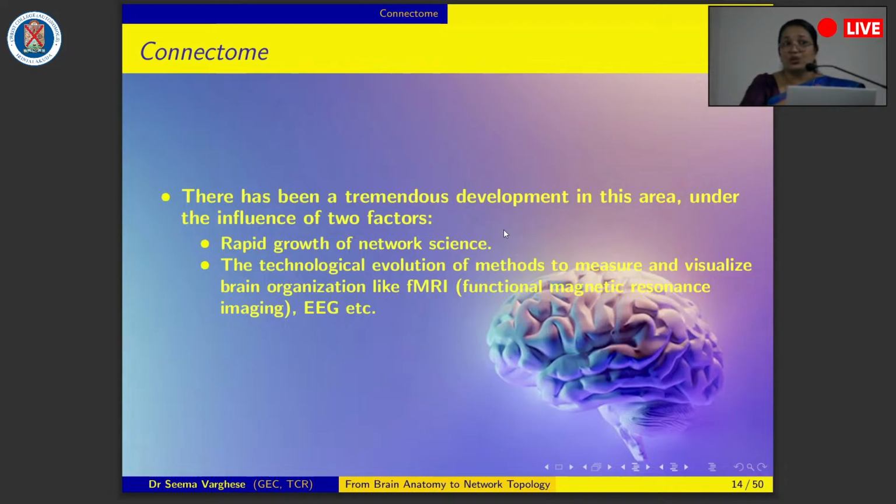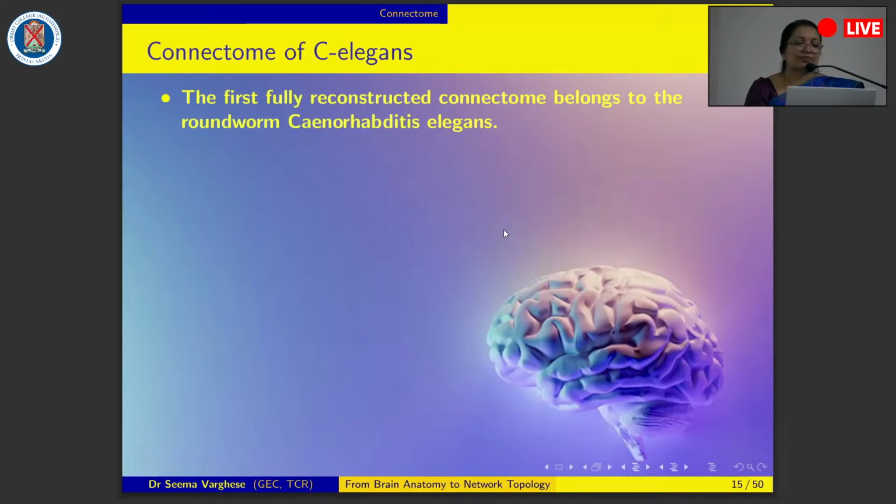We want to get some signals from the brain, and for that some technology was developed. Many technologies, for example fMRI, functional magnetic resonance imaging, and EEG, terms you may have heard if you have consulted a neurologist. On account of these two factors, there is very good development in this area.